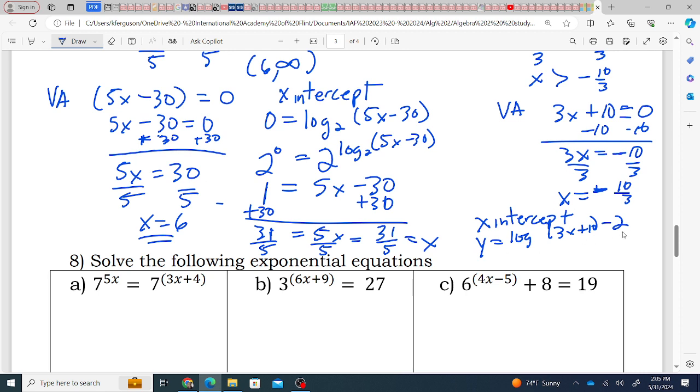So with no log there, first thing I'm going to do is change my y to a 0. Second thing, I'm going to add 2 to both sides, and then I'm going to run out of room. So that's 2 equals log of 3x plus 10.